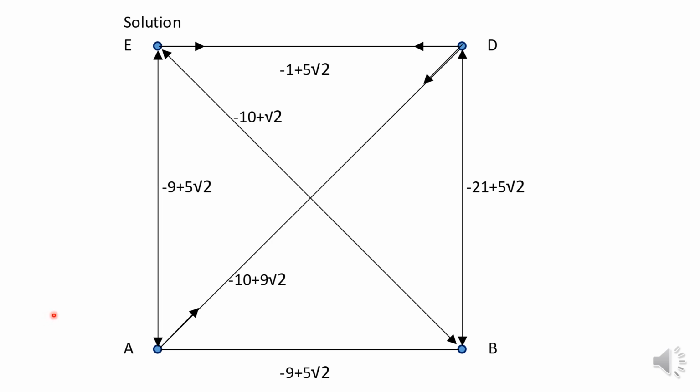So this is the solution for the forces in the Stroop A, B, D, E. I've given the exact values, leaving everything in terms of square roots. And we can look at the overall solution also.